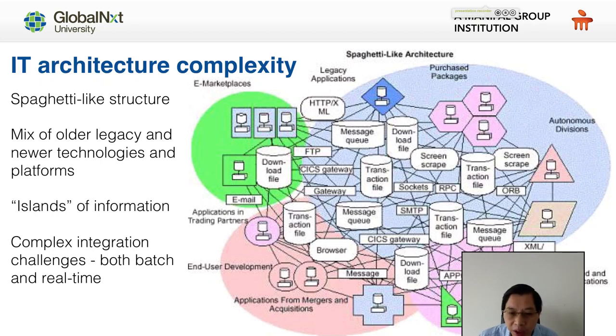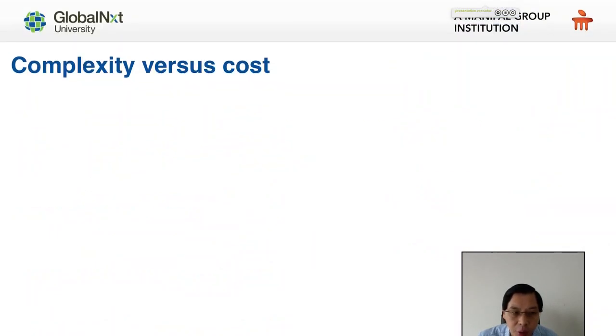People want real-time, instant integration. They want that kind of responsiveness these days. And if you're dealing with an application that was designed 30 years ago based on batch processing, you're not going to get that level of responsiveness. So there's an issue with trying to integrate all these systems in some kind of sensible and organized way.